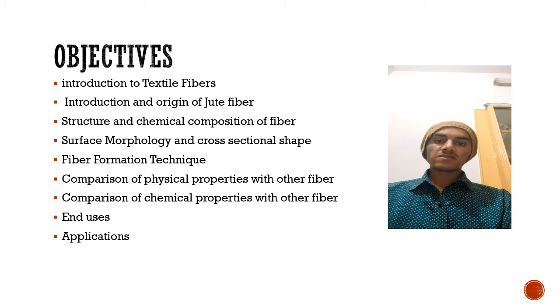Then we discuss the fiber formation processes, from its cultivation to the formation of fiber, and how fiber is formed. Then we discuss its properties, both physical and chemical. Then we compare these properties with other fibers, such as the comparison of physical properties and the comparison of chemical properties with other fibers.